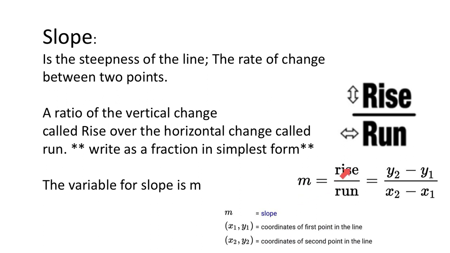So m equals rise over run, which also equals, if I have 2 points on a coordinate plane, take group number 1 and group number 2: take the y value from group number 2, subtract the y value from group number 1, put that over the x value from group number 2 minus the x value of group number 1. So remember this formula here: rise over run, m, rate of change.